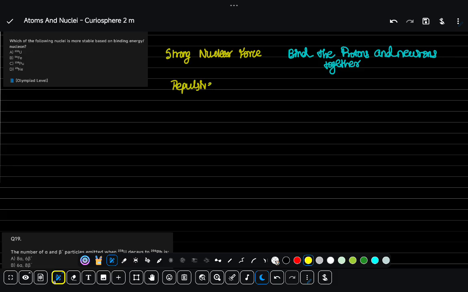The repulsive force for protons is the electrostatic repulsion. It repels the protons away because they are like charges, so they repel each other.